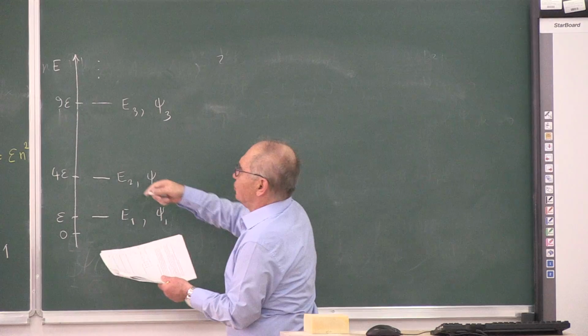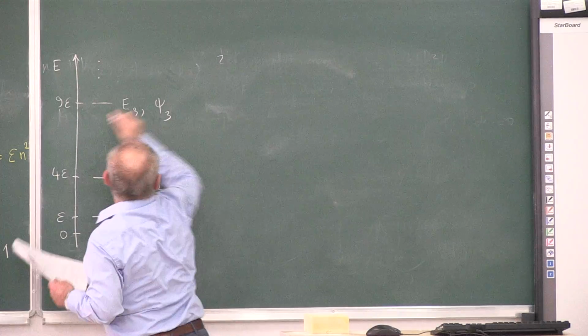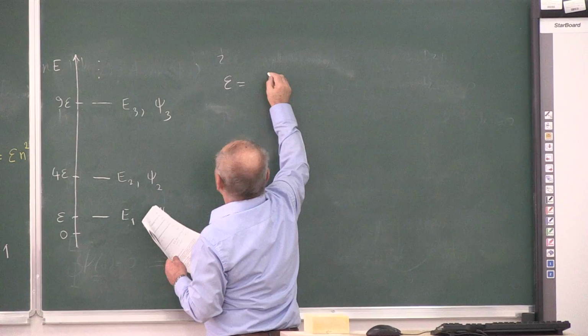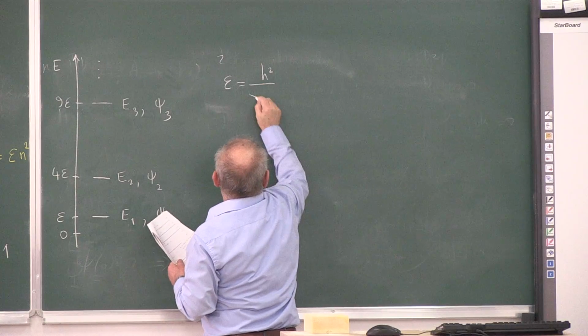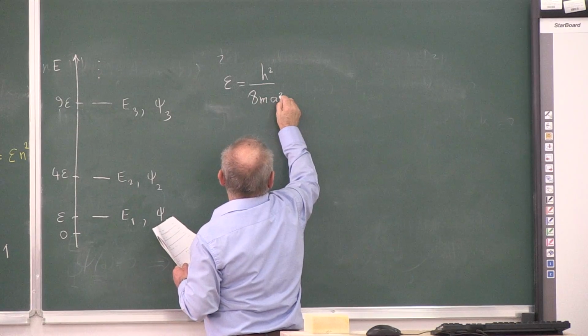Now, what was the definition of epsilon here? Let us write it again: h squared over 8 times m times a squared.